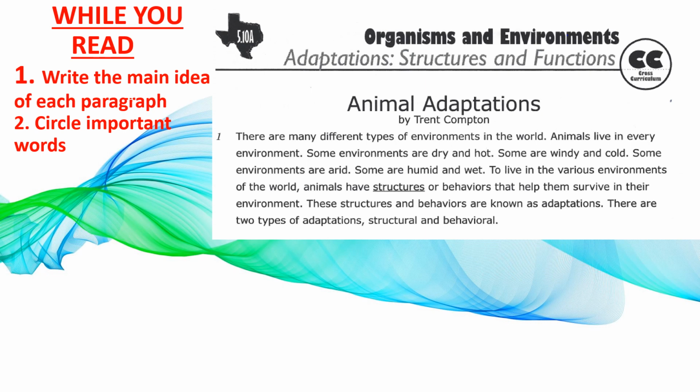These structures and behaviors are known as adaptations. There are 2 types of adaptations, structural and behavioral. Now go ahead and pause your video and write the main idea. Remember to circle your important keywords.